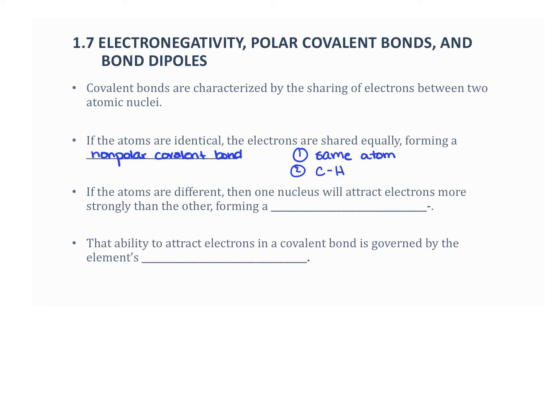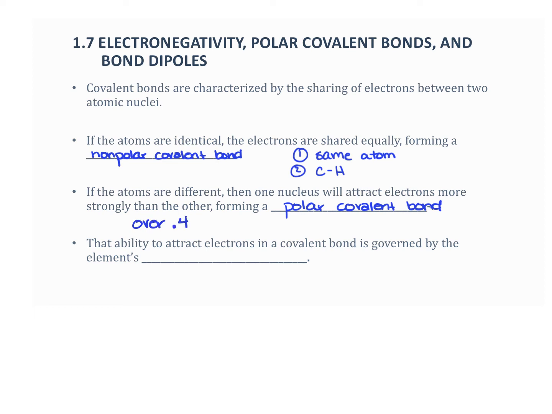If the atoms are different, and the difference in electronegativity is big enough, that's over 0.4, then that will form a polar covalent bond. Okay, so the difference in electronegativity has to be over 0.4.